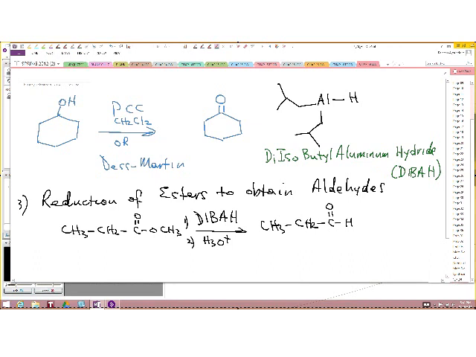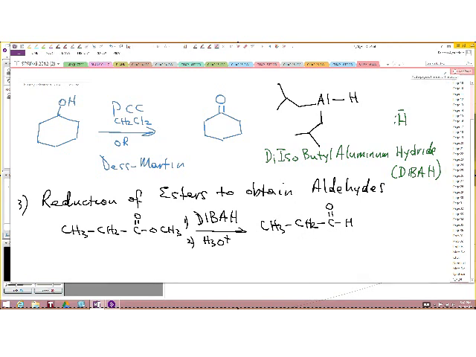It is very specific for transforming an ester into an aldehyde. Now, you guys should be able to write the mechanism for this reaction. Why do I say that? Because what DIBAH does is to supply a hydride.